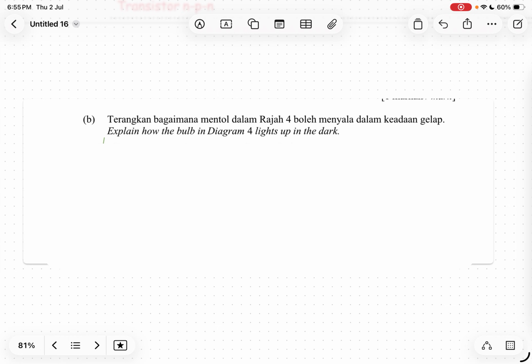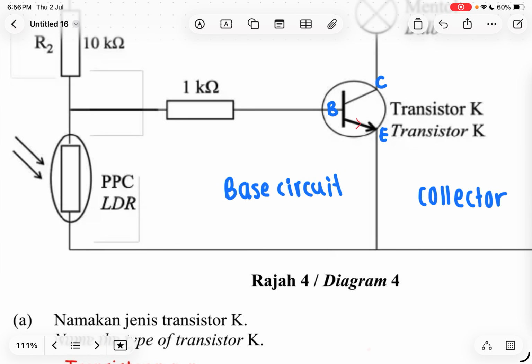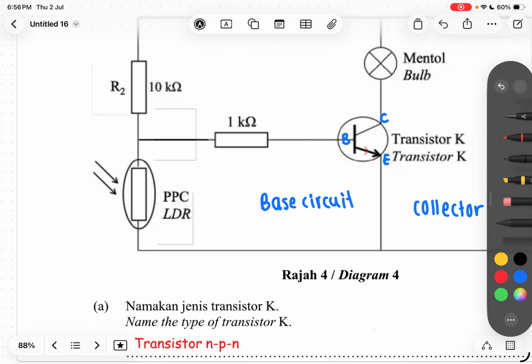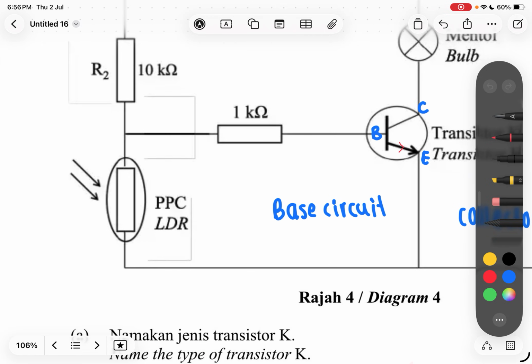Okay, explain how the diagram 4 lights up in the dark. Let's look at the diagram. You have to understand that we're talking about light intensity. So when you're in the day, the resistance of the LDR becomes very low, because there's high light intensity.